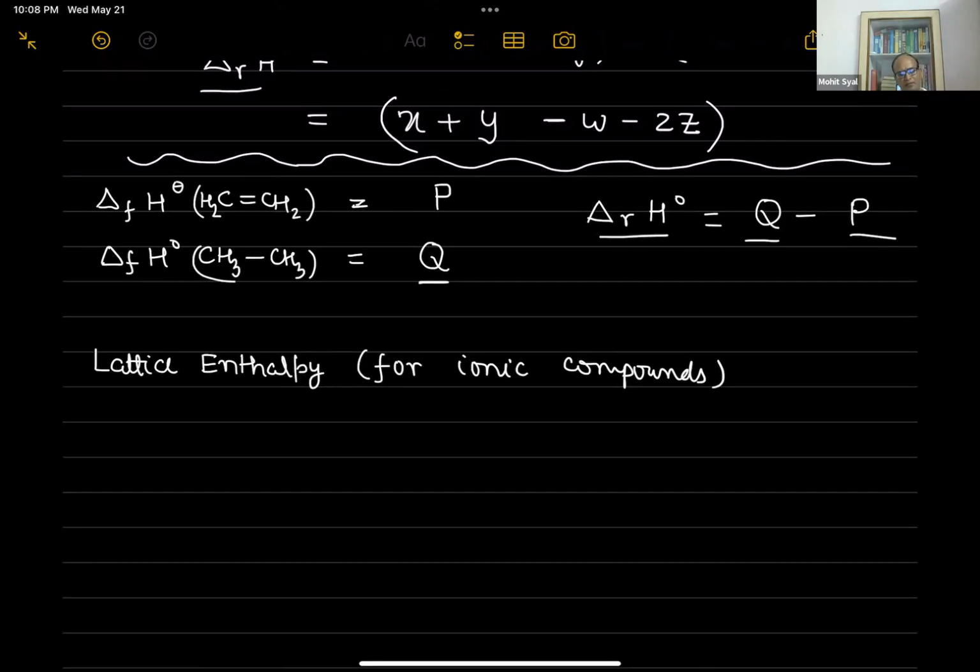So lattice enthalpy, when it is given to an ionic compound, the ionic compound in solid state completely dissociates into ions. 1 mole of ionic compound dissociates into ions in gas phase.